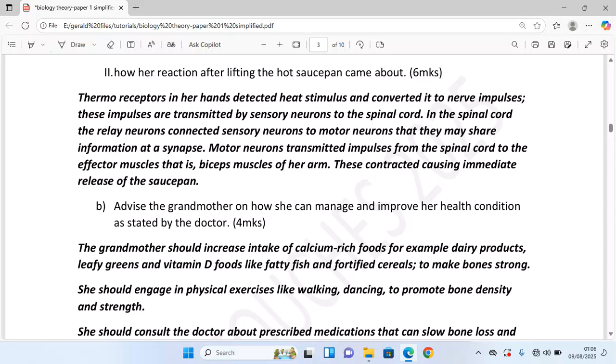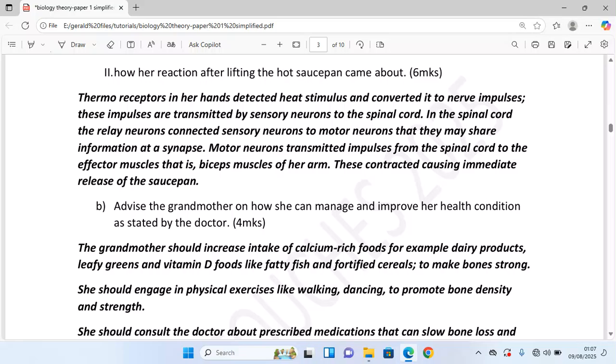Part B, still part A, Roman 2, explain how the reaction after lifting the hot saucepan came about. Just lifting the hot saucepan, immediately you release it. How did that happen? Here we have the concept, and we are saying that thermoreceptors in her hands detected heat stimulus and converted it to nerve impulses, and these nerve impulses are transmitted by sensory neurons to the spinal cord.